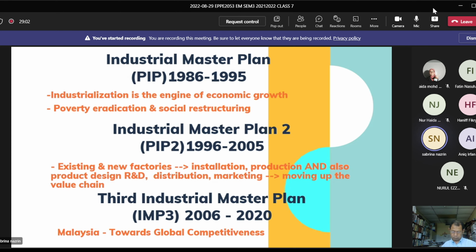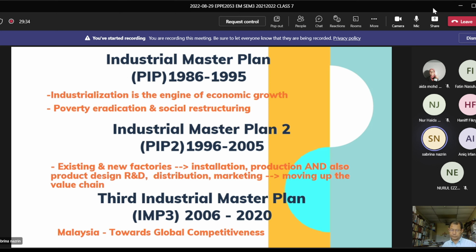For the Industrial Master Plan, which is IMP1, from 1986 until 1995, the first one is that industrialization is the engine of economic growth, poverty eradication, and social restructuring.